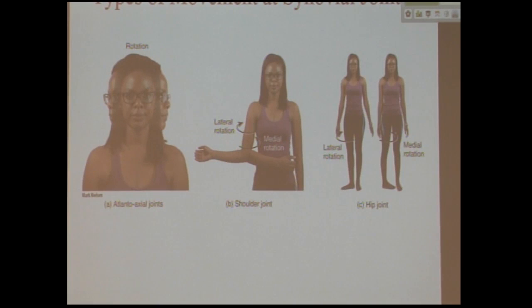By facing your foot different directions, left and right. So putting it out as lateral, bringing it back in as medial rotation. And you could also do that at your head, right? So that's lateral rotation, that's medial. Lateral, medial.